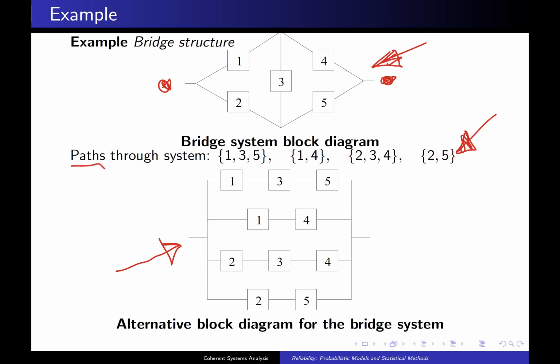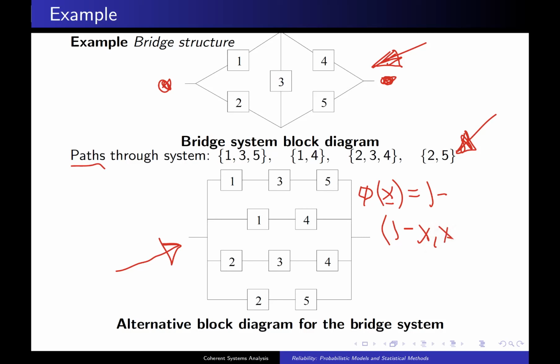So from this alternative block diagram, we can write down what phi of x is. And I'm not going to write out x1, x2, x3, x4, x5. I'll just call that the vector x. Keep in mind that this is a parallel system, so we start with a 1 minus, and then we put in 1 minus, and we look at that first subsystem.